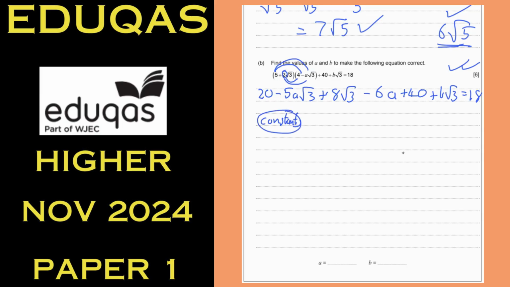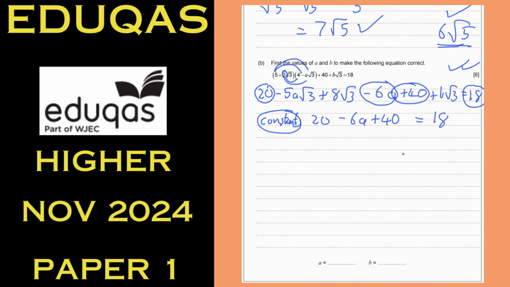Only the constants, that's the 20. This is not a constant, it's got a root 3, that's got a root 3. This is your next constant, that's minus 6a. And that's your next constant, 40. And the right hand side, we've got 18.